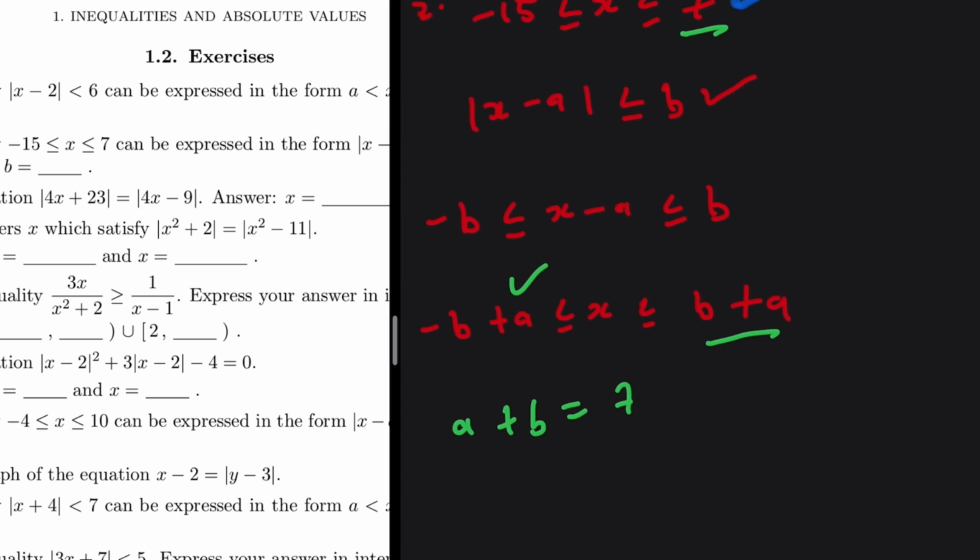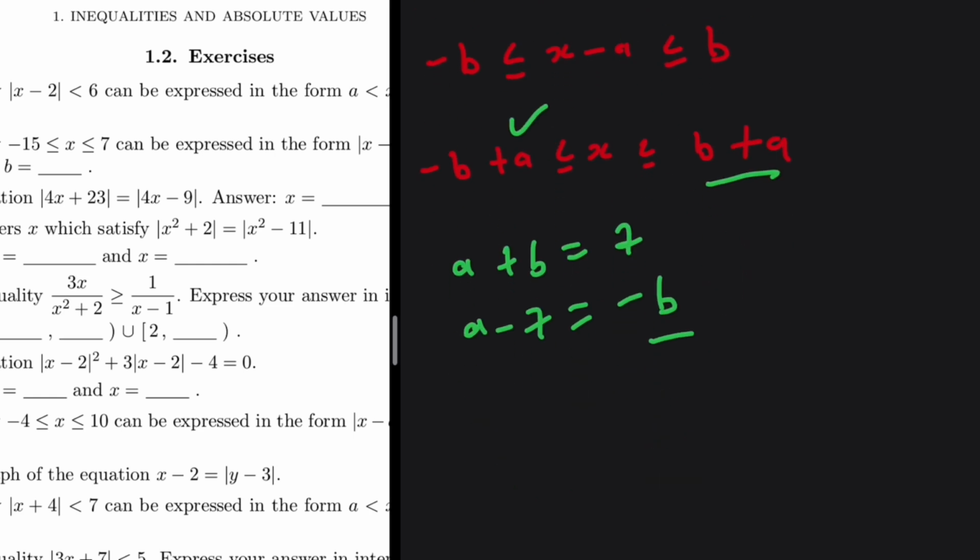So I'm actually going to say a minus 7 is equal to minus b. I'm choosing to make minus b the subject of the formula so that when I set up the second equation, my life is simplified. At this level, you should see what I'm trying to do here.